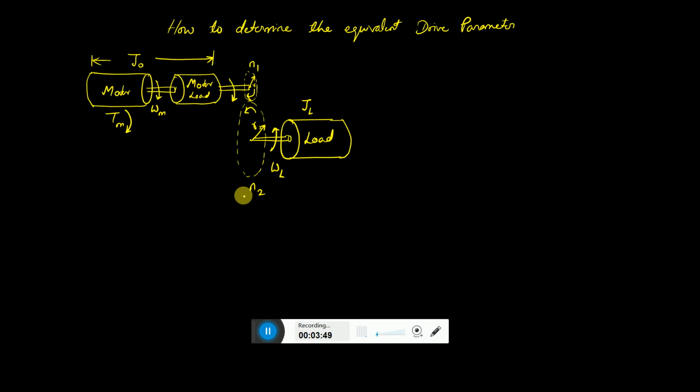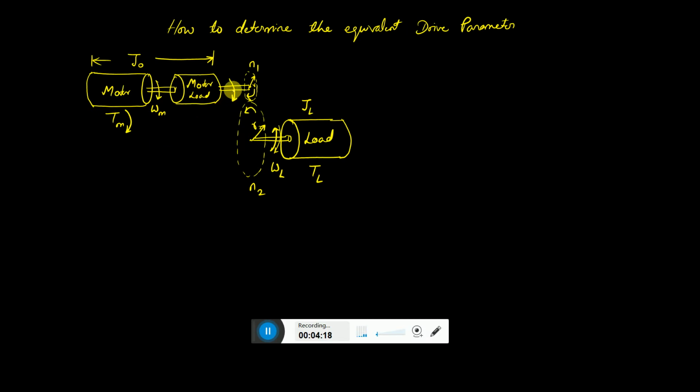And the load torque TL is obviously opposite to the direction of rotation of this load, omega L. Correct. So now, what are the things we can take out from here?